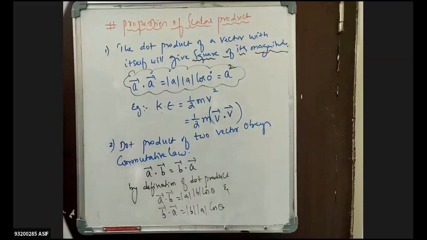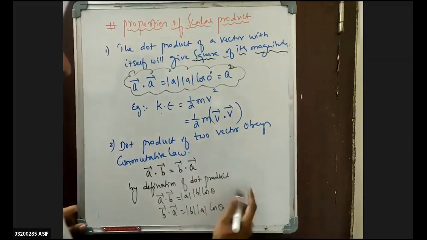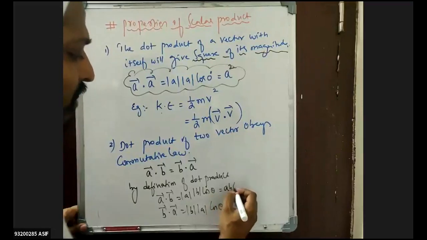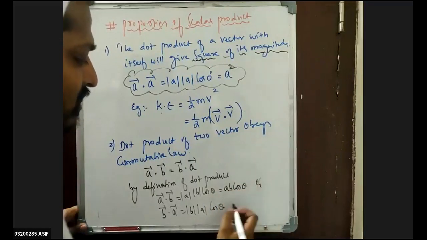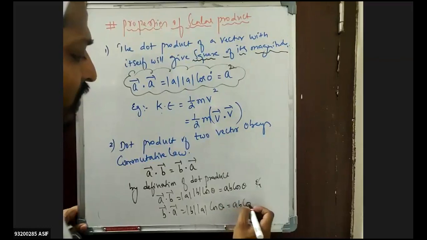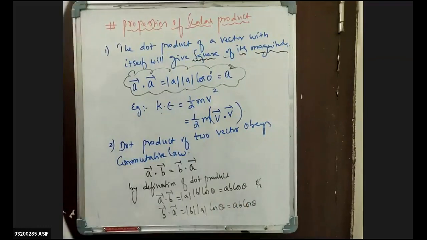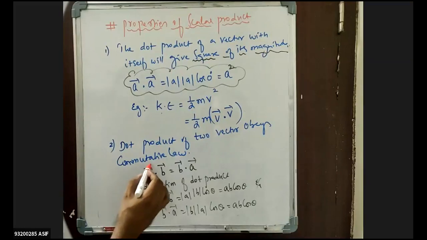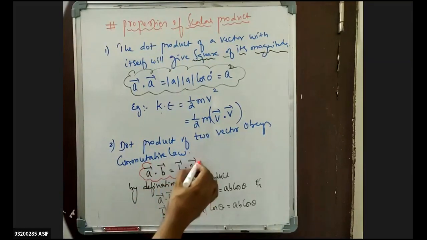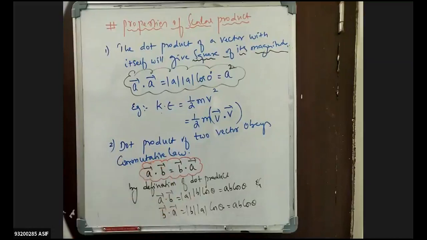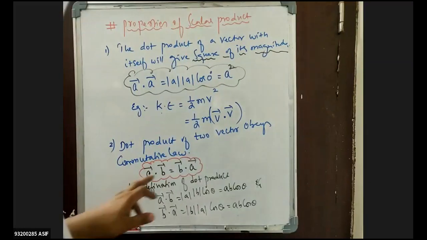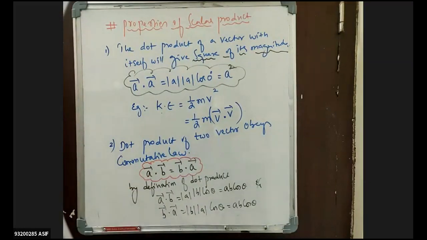So whether you write a bar dot b bar or b bar dot a bar, it gives one and the same thing, ab into cos theta. That is the reason a bar dot b bar is always equal to b bar dot a bar. So this is the second property of the scalar product: the product of two vectors obeys the commutative law.